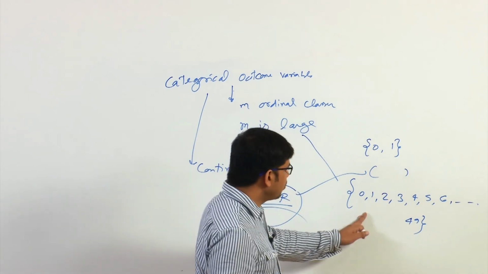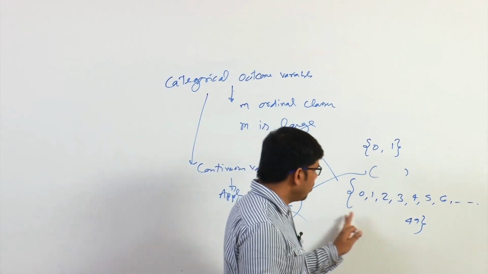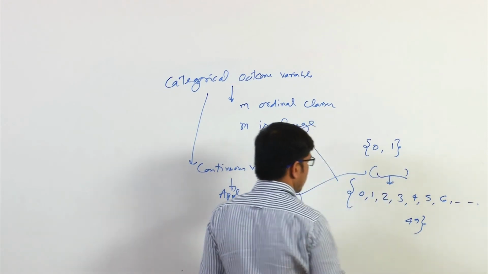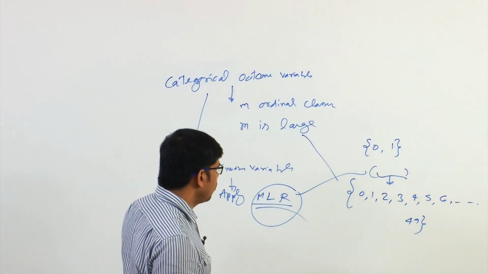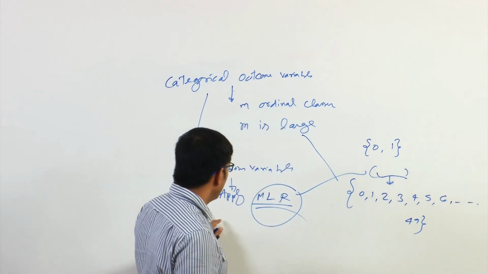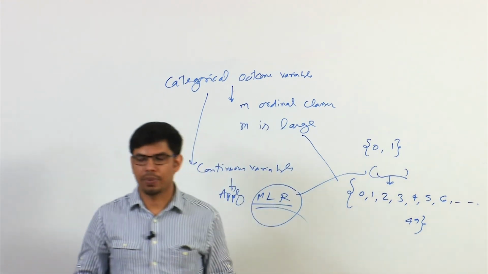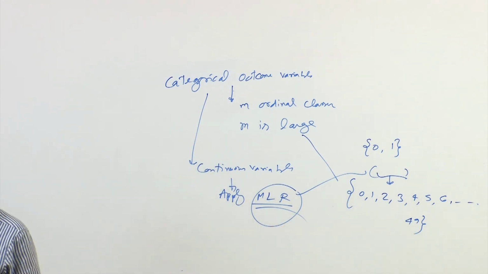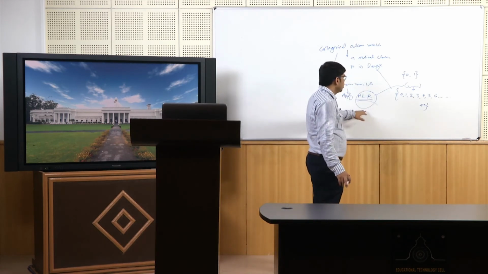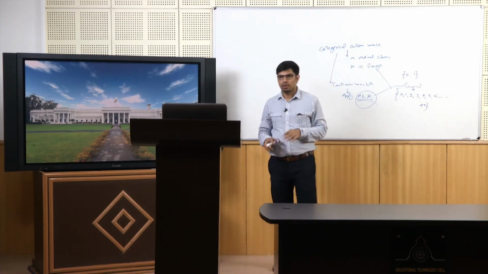So the number of values that can be taken by this ordinal variable is many more. Therefore the predicted values can easily be mapped to some of these values, could be close to some of them, and multiple linear regression can still be applied. So when we have an ordinal variable with a large number of classes, instead of logistic regression we can still apply multiple linear regression. That is the first scenario.